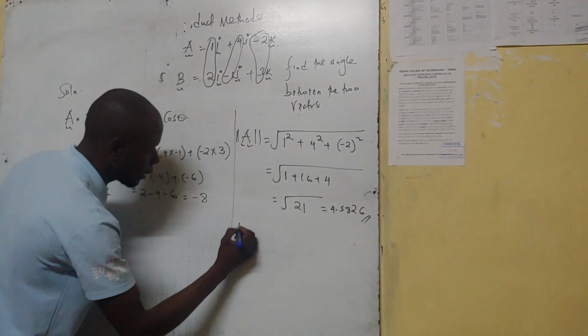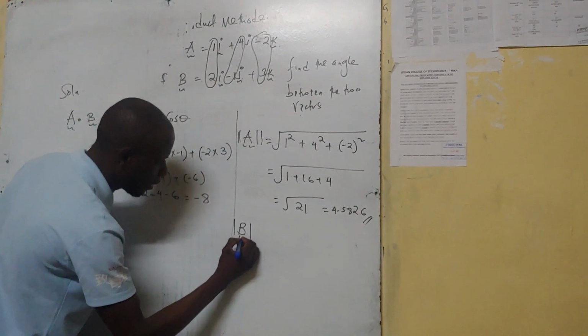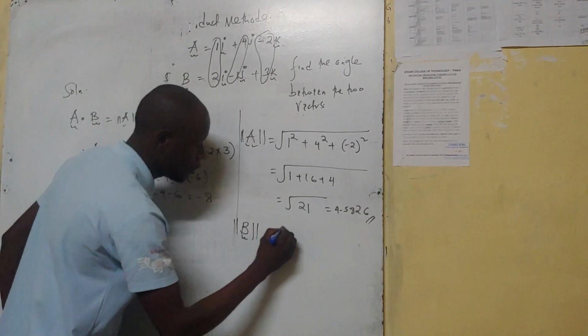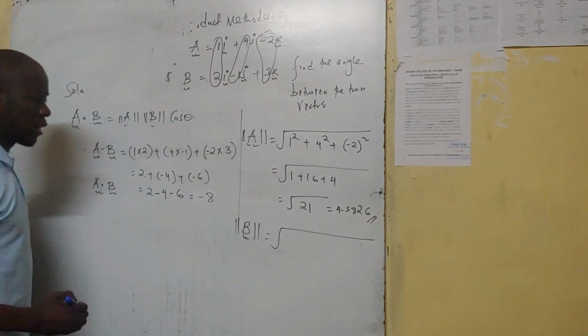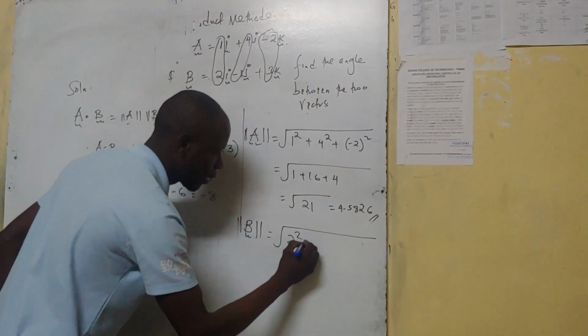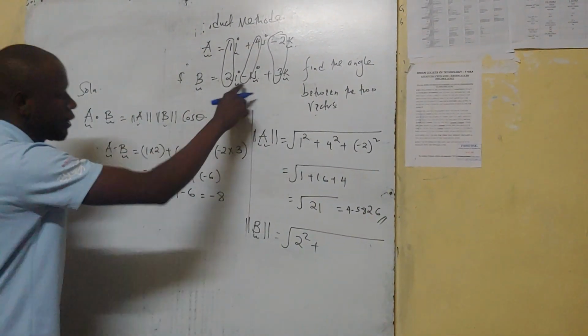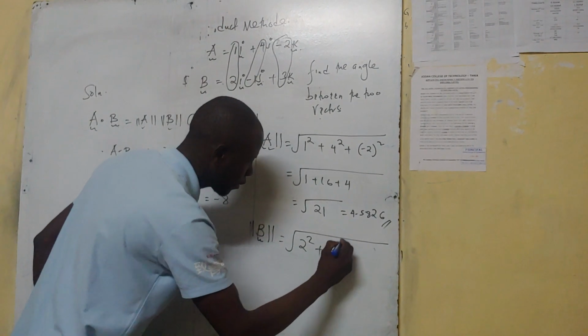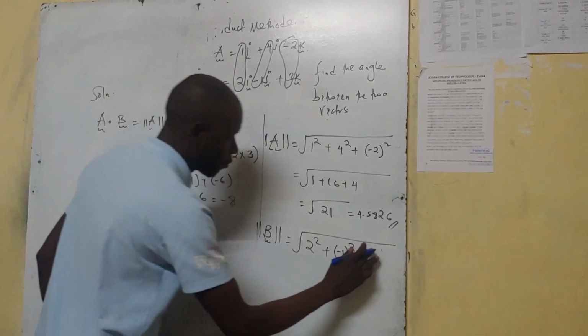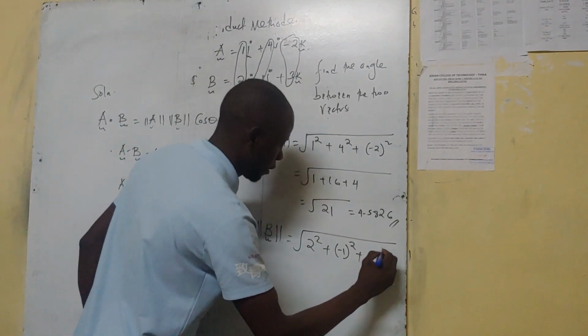Similarly, we can also get the vector B magnitude. For us to get B magnitude, we take the component of B in the i direction, which is 2, squared. Then we add the component of B in the j direction, which is negative 1, squared, then plus the component of B in the k direction, which is 3, again squared.